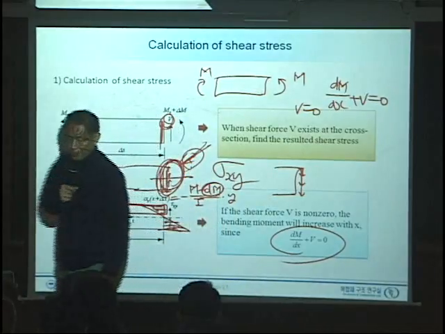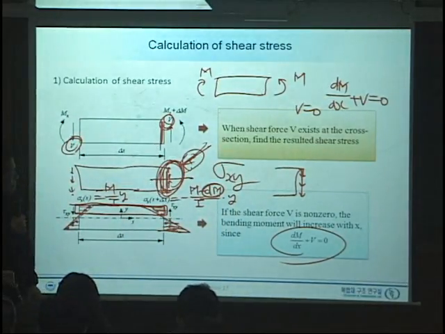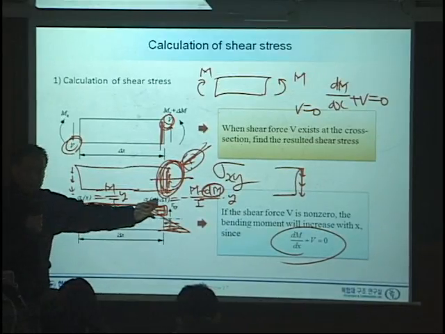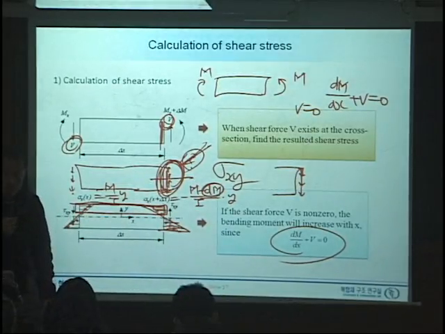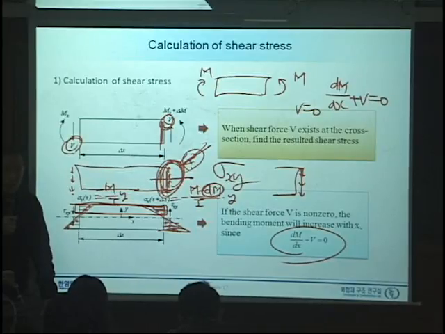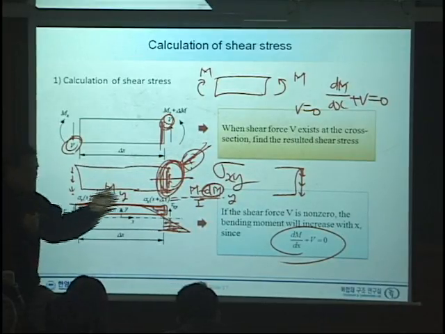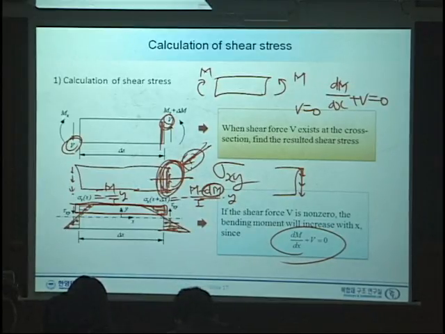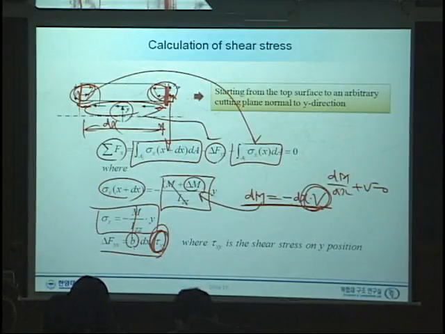So this unbalanced x-directional force will be used to calculate the shear stress. How?